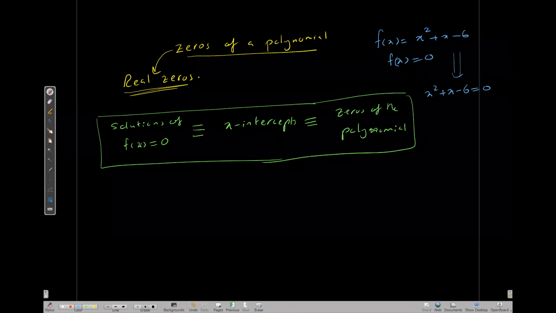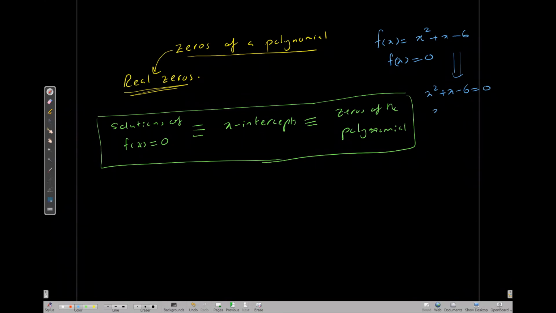You can either solve this quadratic equation using the quadratic formula, or you can use factors. There are factors, right? So 2 and 3, with plus and minus, yes, that will work. So x equals 2 and x equals -3. So 2 is somewhere here, and -3 is somewhere here.